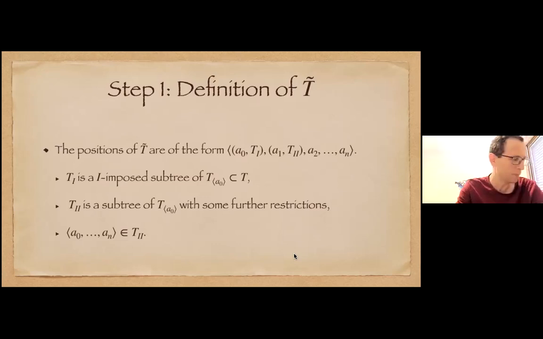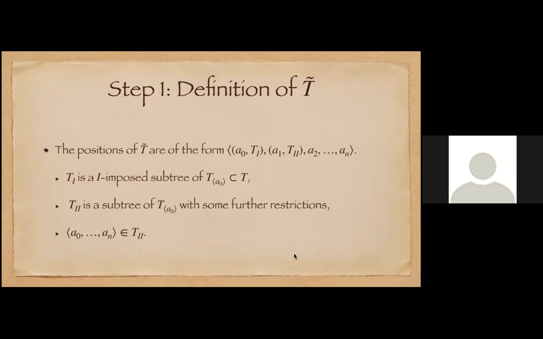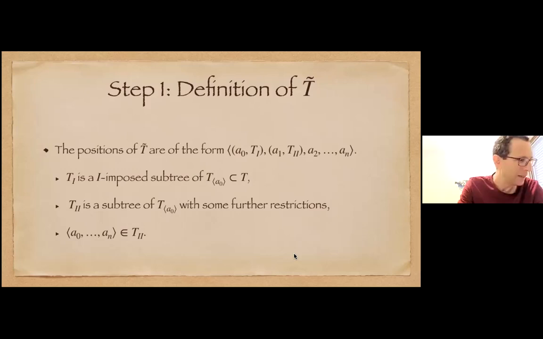Then in the second stage, player 2 plays, and player 2 chooses A1, which is a possible move in T1, and also chooses a subtree T2 under the only restriction that the first move must be A0.